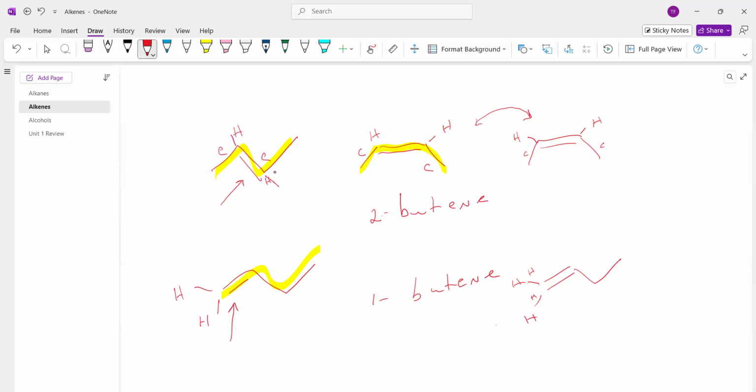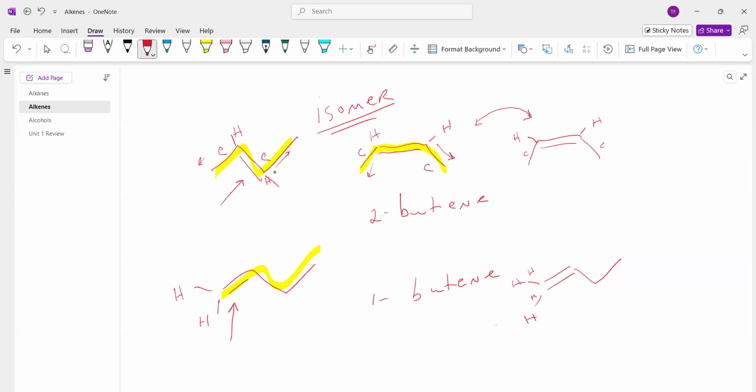Notice how carbon goes up here, down here. Over here we have carbon going down, carbon going down. So we have an isomer, 2-butene and 2-butene. How do we distinguish the difference?